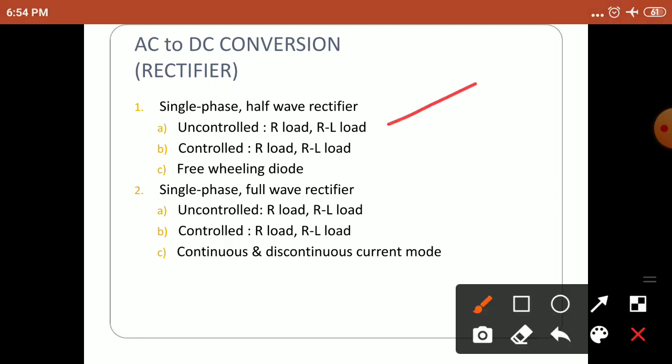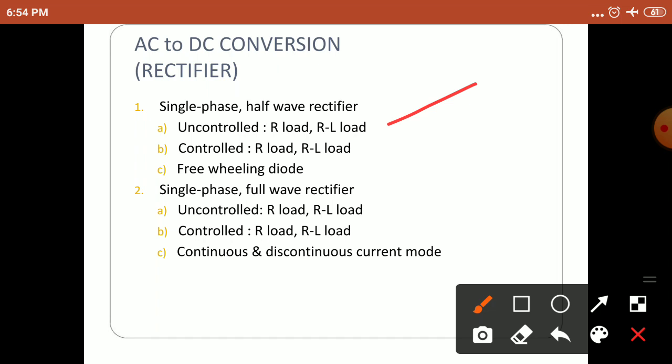Two types of rectifier circuits we have. In the controlled rectifier we are using SCRs, whereas in uncontrolled rectifiers we are using diodes. That is the difference between controlled and uncontrolled.